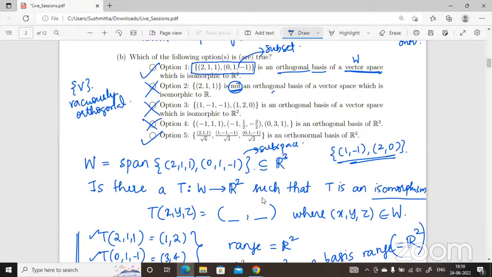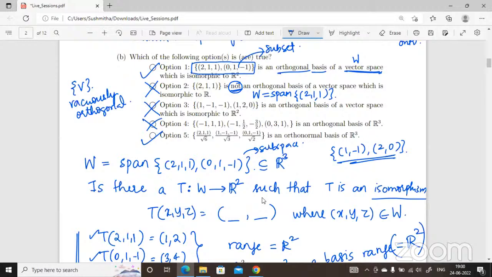Option 2, what is the span of this set? What is the dimension of the span of this? If this was W, what is the dimension? Just one vector, no? So the dimension is 1. Similarly for option 1, the dimension is 2.